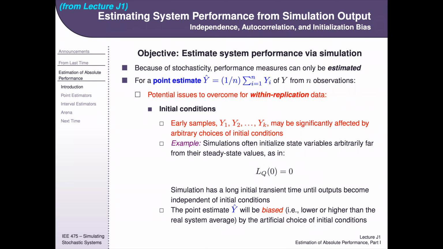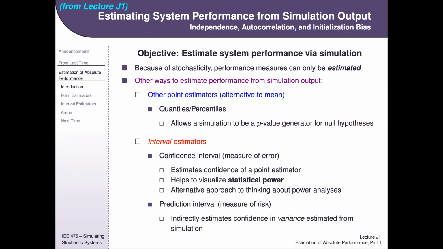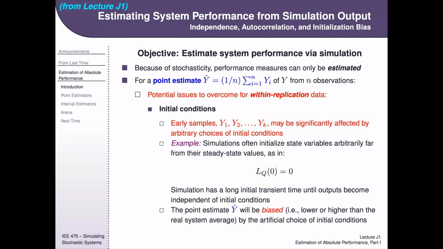Well, that means that if you're measuring average queue length and you include that hour at the beginning of your simulation as people start ramping up in the queue, then you're going to have a biased estimate of the queue length, because it's going to include this fictitious period where no one's in the queue just because you're starting the sim with an empty queue for convenience. So the point estimate ends up being what we call biased. We'll formally define how we measure bias in a bit, but that's another major problem we have with within replication data: the effect of the initial conditions.